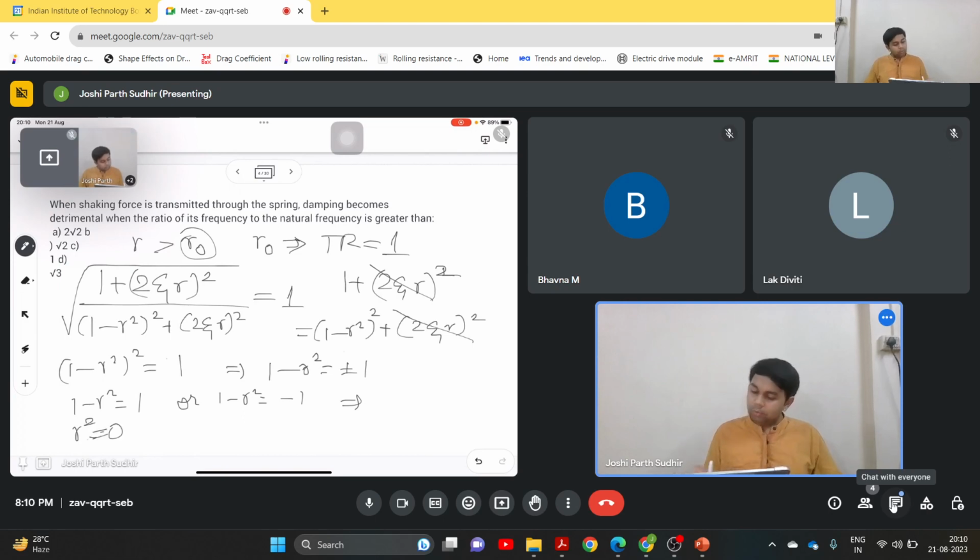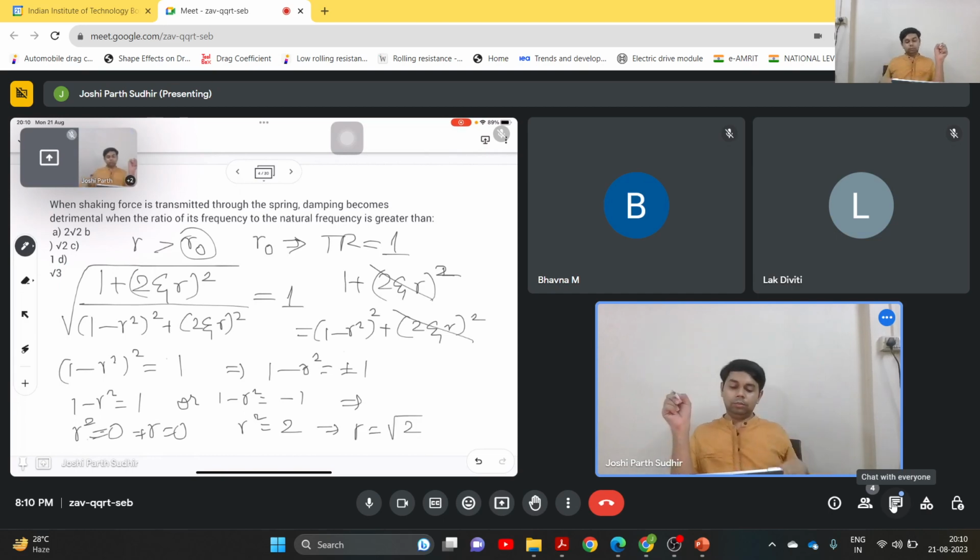So this gives us r square equal to 0, or r equal to 0 basically, and r square equal to 2, which gives us r equal to root 2.